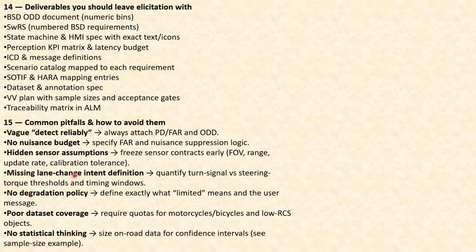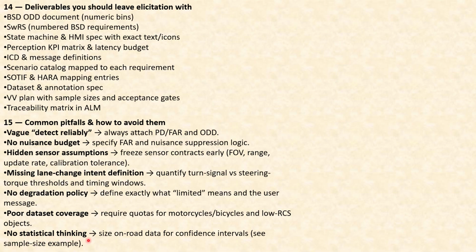Talking about the missing lane change intent definition, no degradation policy. Sometimes you miss out this degradation policy. So you have to be very clear and define exactly what limited means and the user messages. Talking about poor dataset coverage, require quotas for motorcycles, bicycles, and low RCS objects.